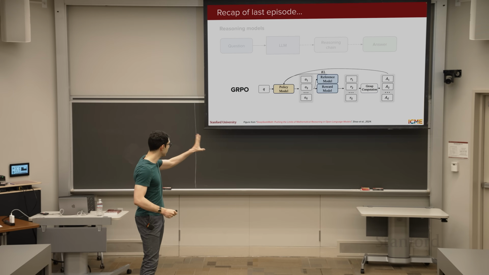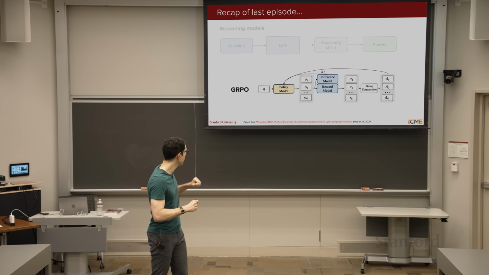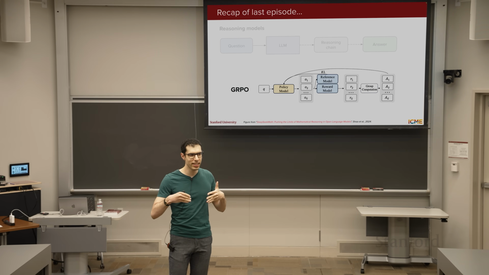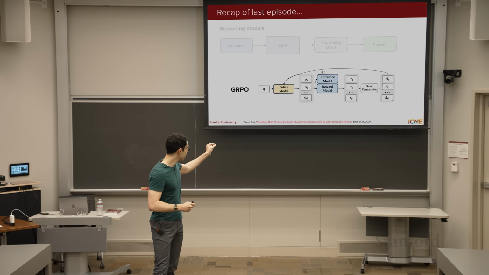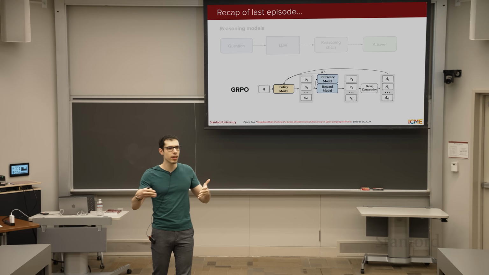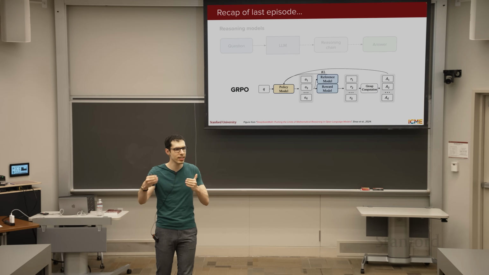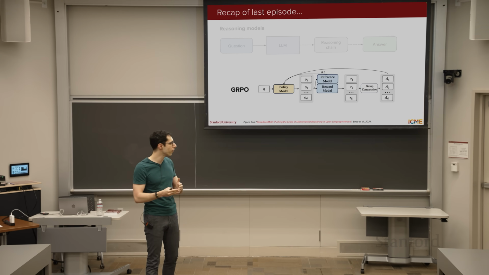So this illustration shows a little bit how GRPO is trained. It takes a query as input, and then it computes an advantage for each output by computing the rewards for different completions of a same prompt, and then computing a quantity, which is the advantage, that is relative to the other rewards of that group of completions.